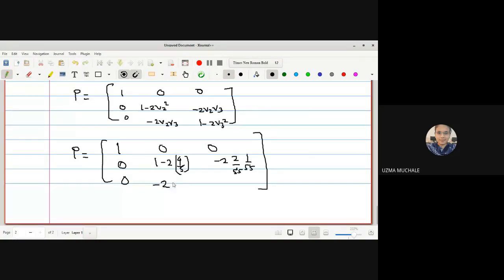Here also minus 2 into 2 by root 5 into 1 upon root 5, then V3 square. What is the value of V3 square? 1 upon 5. Correct? Because V3 is 1 upon root 5, squaring we get 1 upon 5.